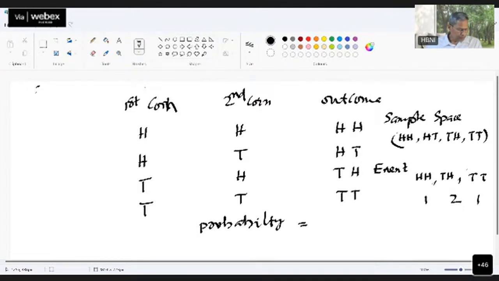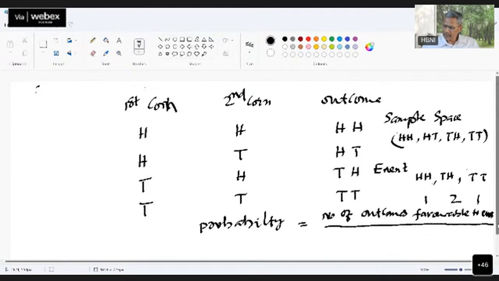So probability, how do you define? Probability is equal to the number of outcomes favorable to the event, whatever you want, 2 heads or 2 tails or 1 head, 1 tail, divided by the total number of outcomes.